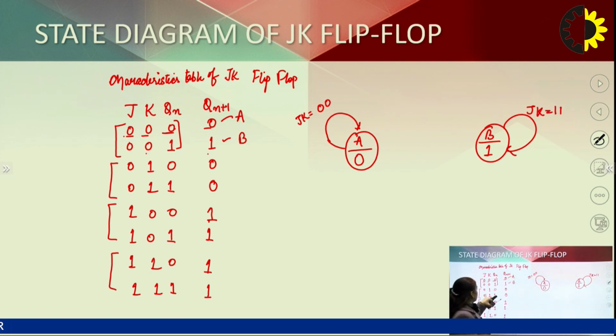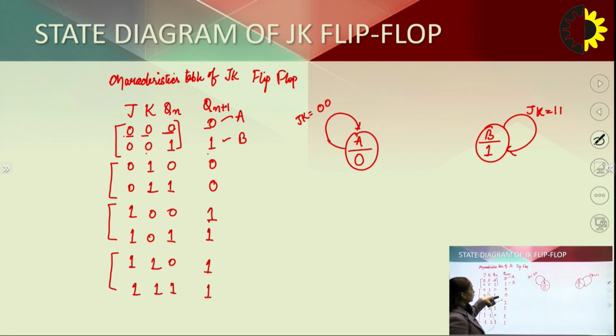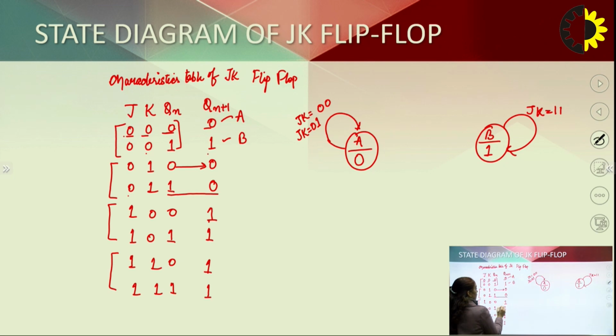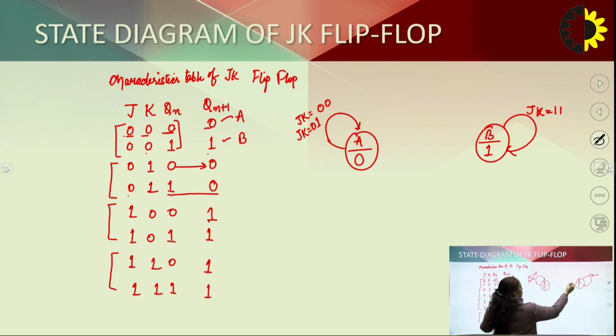Fine. Next case 0 1, it will remain in 0 state. The next possible value here is 0 1, where we have the transition from 1 to 0.